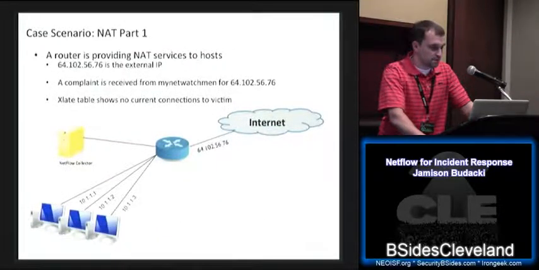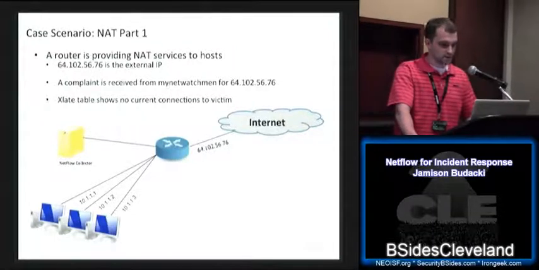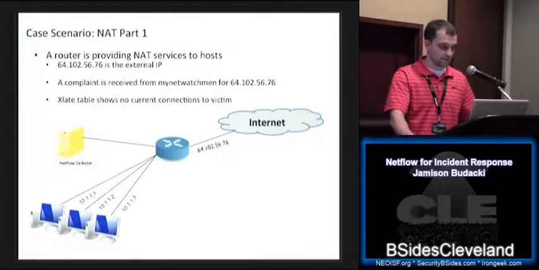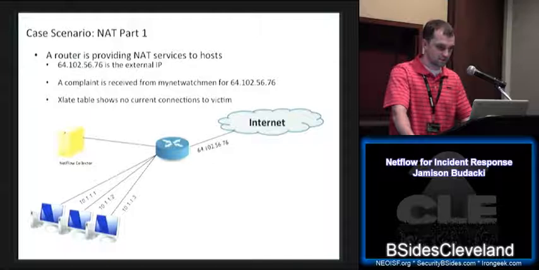Another example is finding a host that is being NATed. In this situation, a router is providing NAT services to the internal host. The external IP is the 64 one listed.